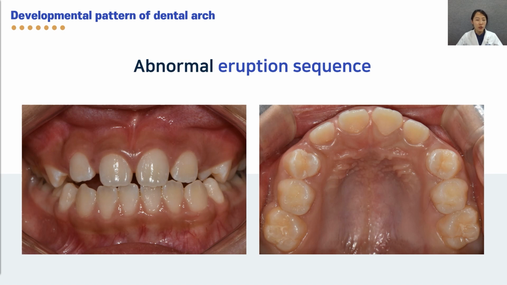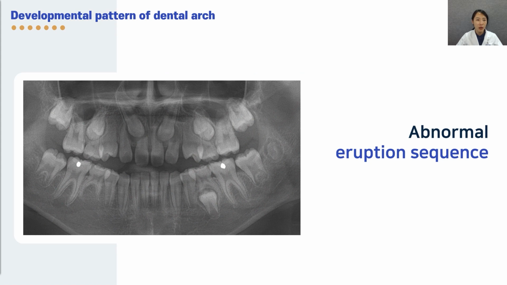This patient was 10 years old and we can't see any eruption sequence abnormality. The maxillary primary canines exfoliated prematurely, and the maxillary permanent canines and second premolars have not erupted yet. But in this panoramic radiograph, we can see both maxillary canines erupting in ectopic position.